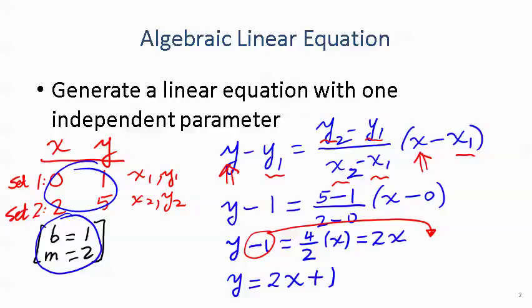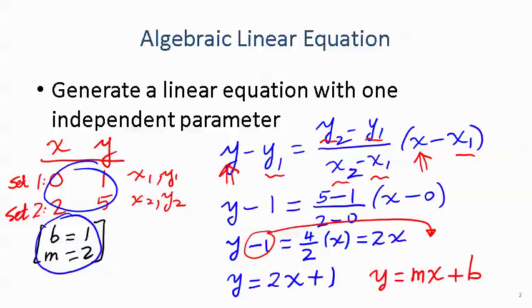What I'm going to do now is compare this with the standard linear equation that we introduced, y equals mx plus b. And what do you observe?